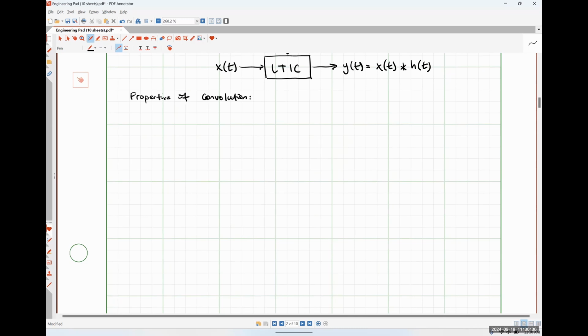So the first property that we need to be made aware of is that convolution is commutative.